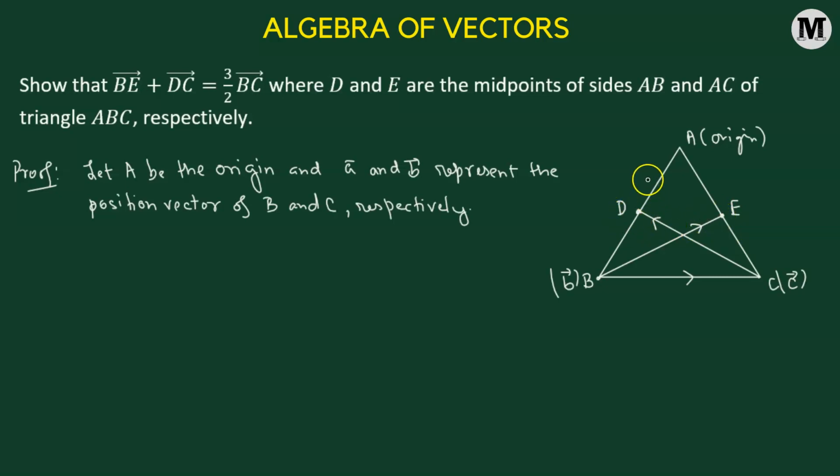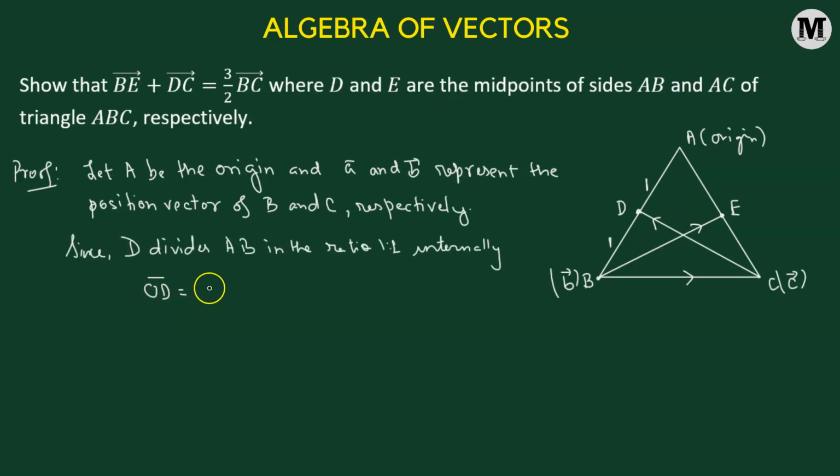Here we have point D which bisects AB, so that means it's dividing AB in the ratio 1:1. So we can apply the internal section formula. OD vector will be given by 1 multiplied by the position vector of vertex B, that's the B vector, added to 1 multiplied by the position vector of A. Since A is the origin, that's simply the vector 0, divided by 1 plus 1.